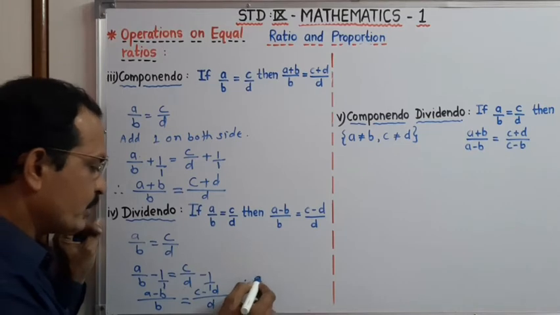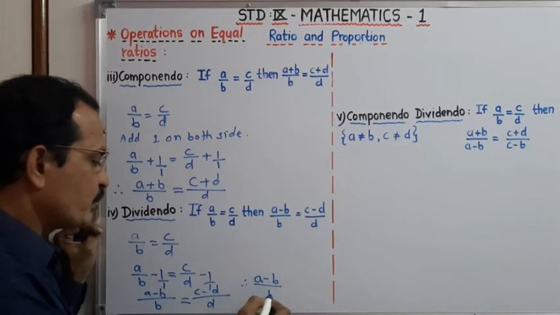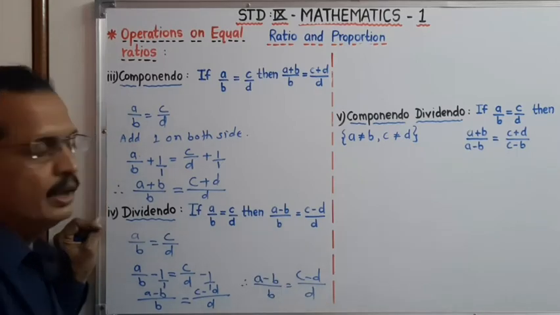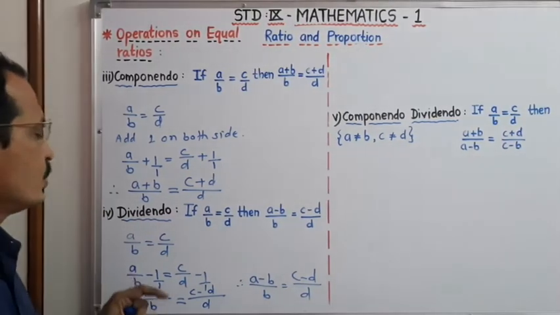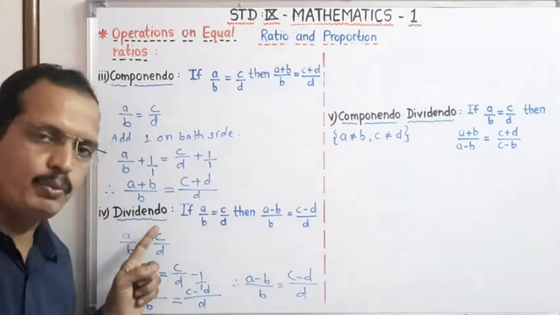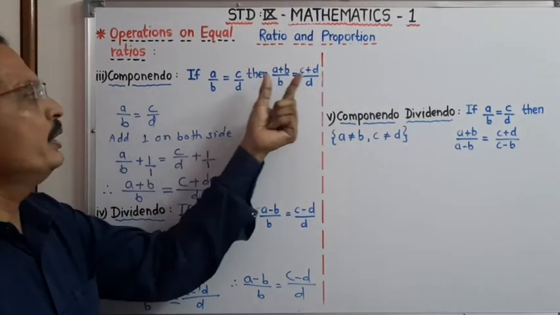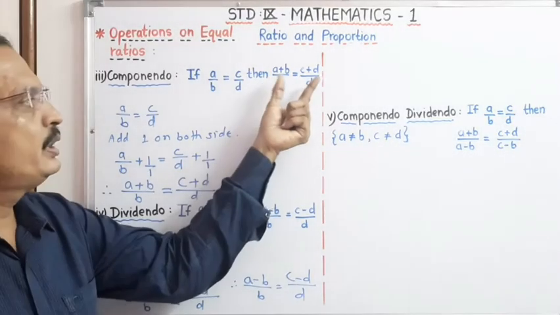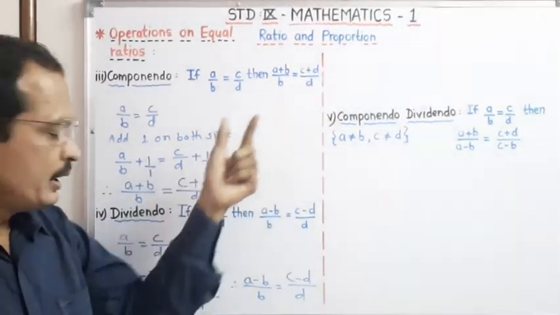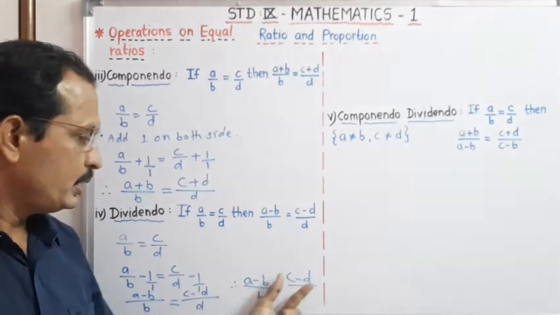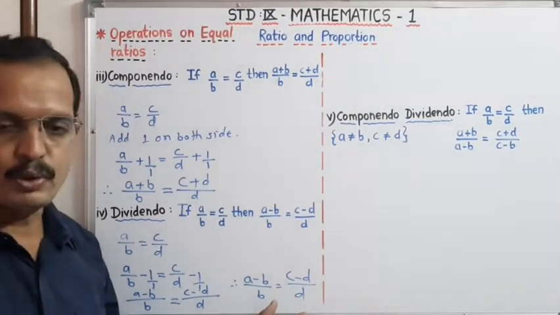Therefore, dear student, we got here a minus b upon b is equal to c minus d upon d. This property is known as the Dividendo property. Now, Componendo, here it is a plus b upon b, c plus d upon d. Here it is Dividendo, a minus b upon b is equal to c minus d upon d.